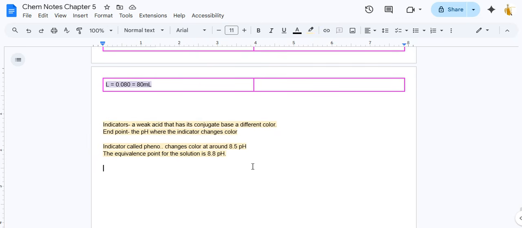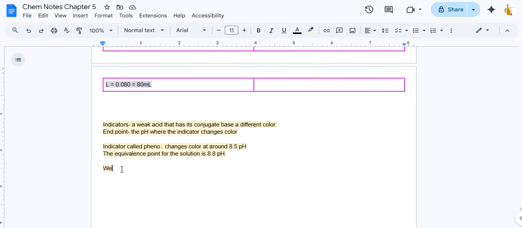And we choose an indicator that has its endpoint, where it changes color, around that pH.